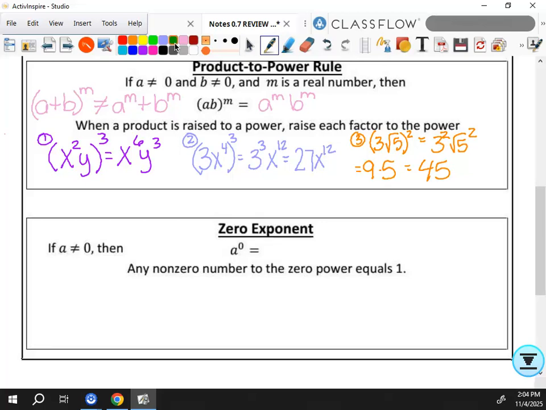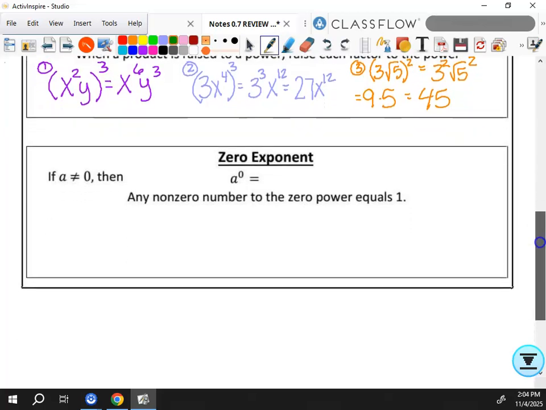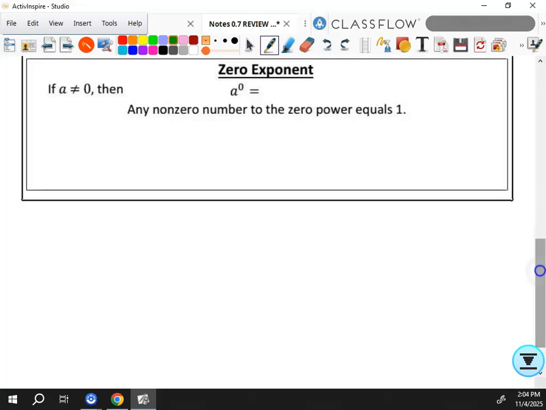Okay, 0 exponent. If a does not equal 0, then anything to the 0 power is what? 1. So if I have 5x to the 0 power, I can use my product to a power rule, and that gives me 5 to the 0 times x to the 0.